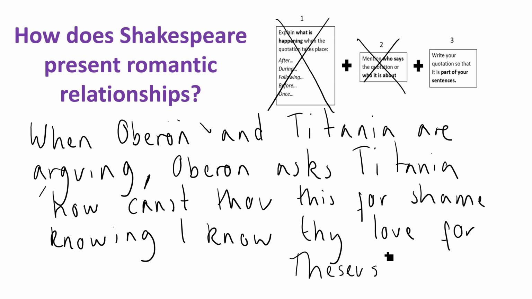And it's a question, there's a question mark at the end, and then I need to do my closed speech marks there. And that is my quotation as part of my sentence done.